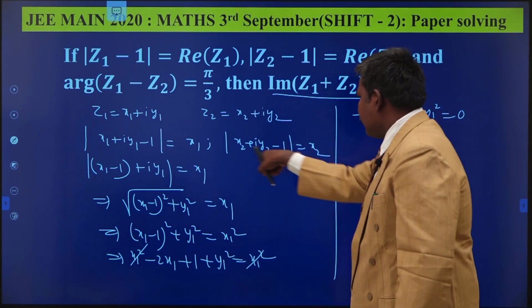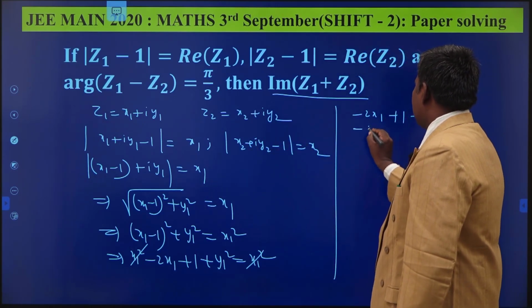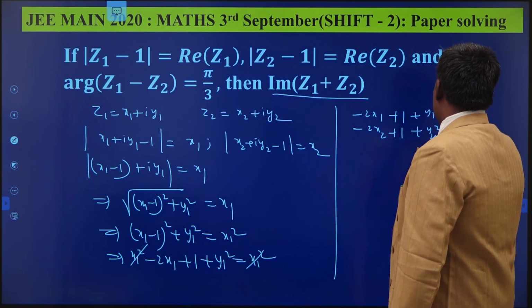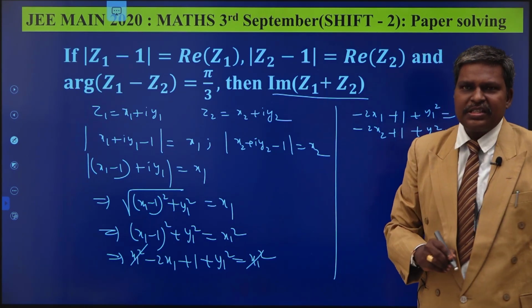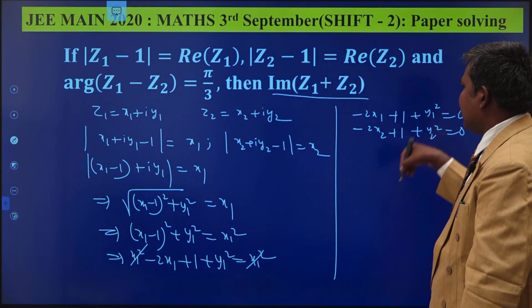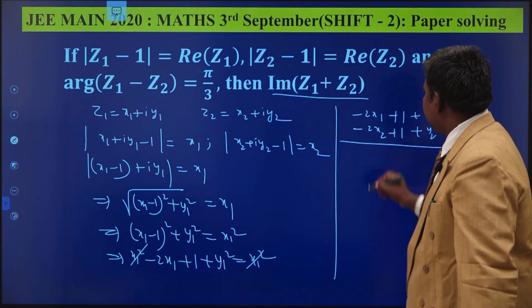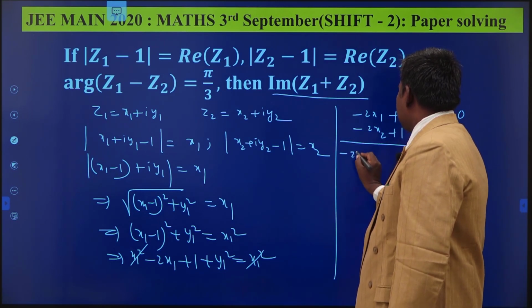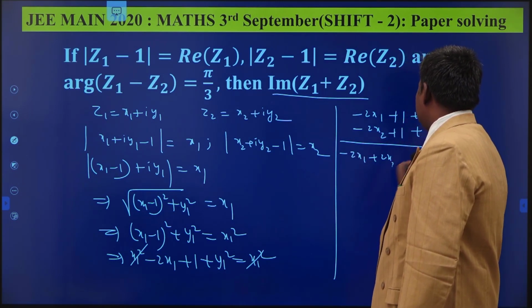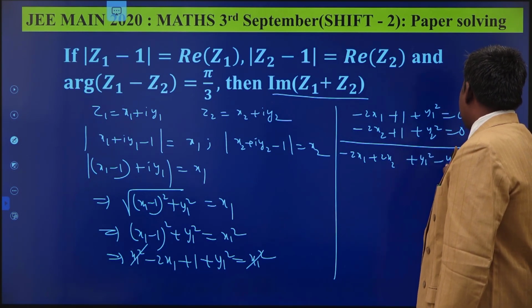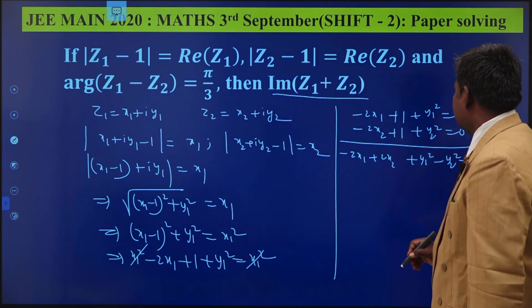In the same manner, can you write this value or not? Minus 2x2 plus 1 plus y2 square is equal to 0. These are the two conditions obtained from the given conditions itself. You just subtract these two equations. What we obtain: minus 2x1 plus 2x2, 1 gets cancelled, plus y1 square minus y2 square equal to 0.